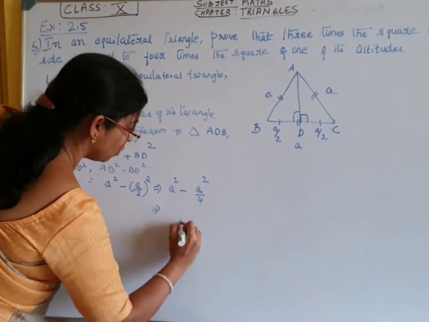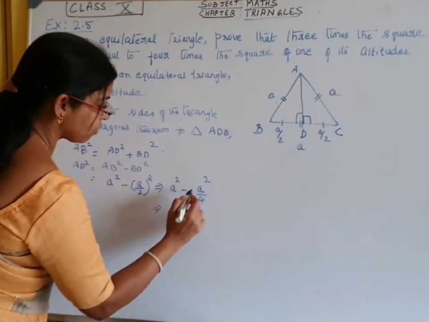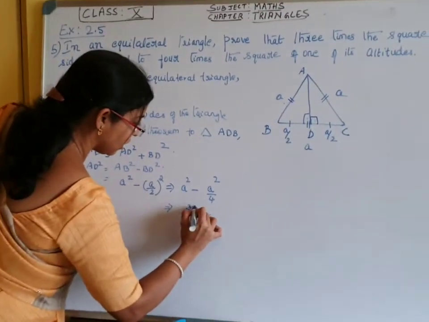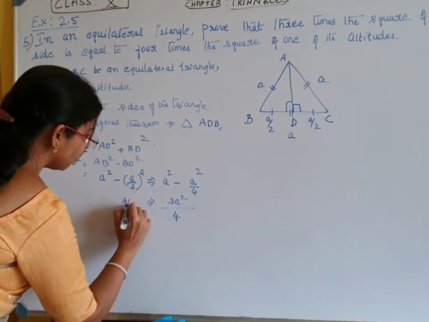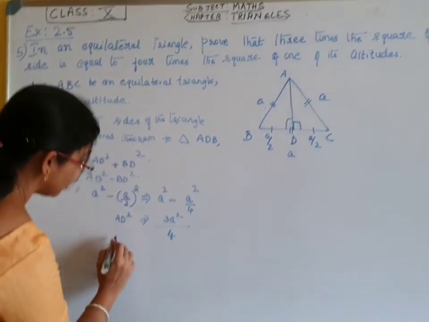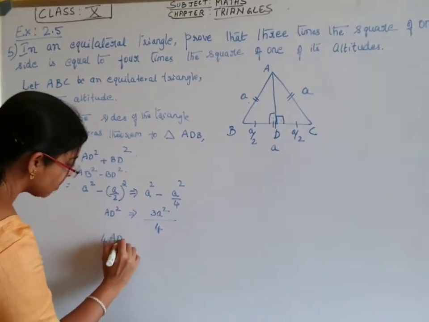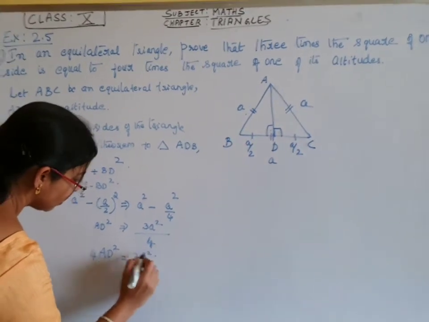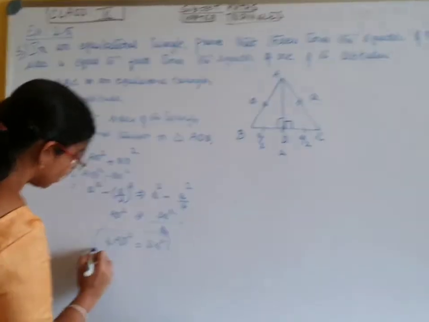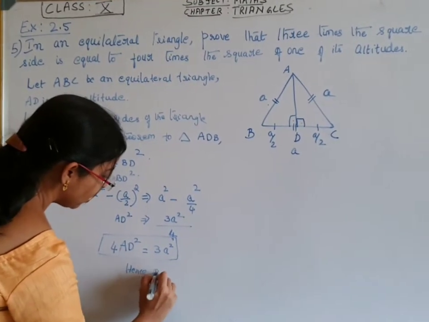That gives you, if you take LCM 4, 4a square minus a square, which will be 3a square by 4. This is AD square. Now, AD square, we will bring 4 this side. 4AD square is equal to 3a square. That is what we need to prove.